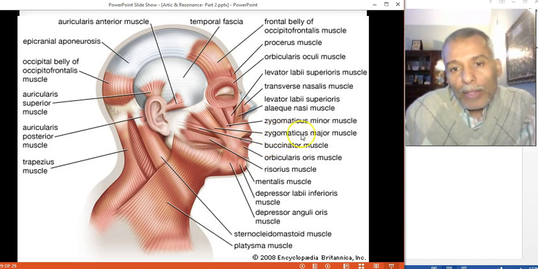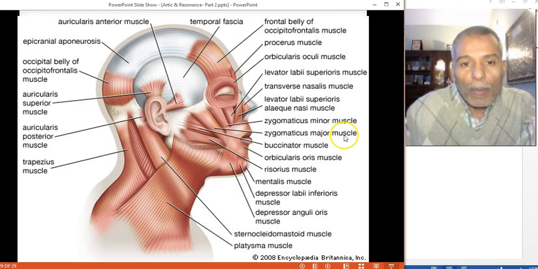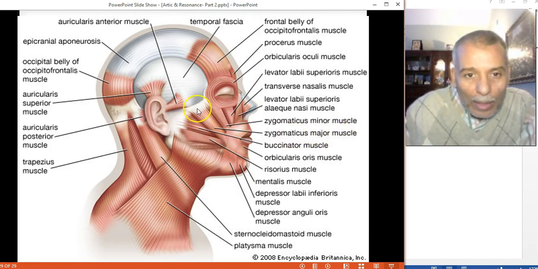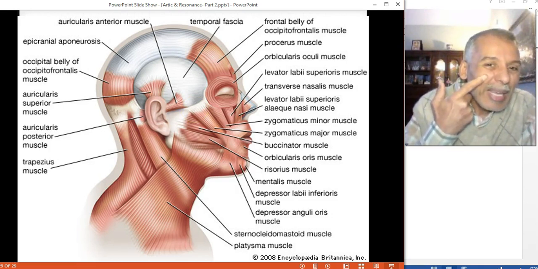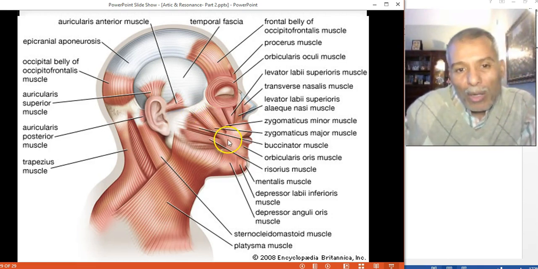And so then we have the zygomaticus major muscle, which is here. It goes from this cheekbone called the zygomatic bone and down to the corners of the lips. And then the zygomaticus minor muscle.